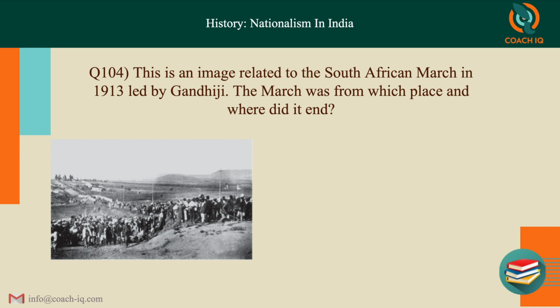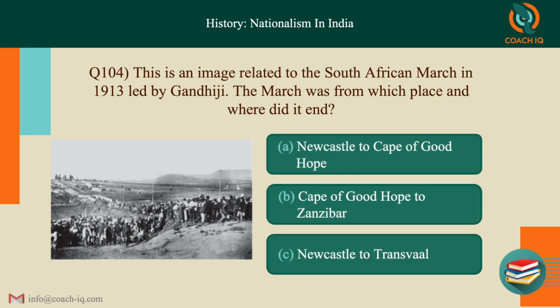So the question could be, this is an image related to the South African march in 1913 led by Gandhiji. The march was from which place? That is, where did it start and where did it end? Three options are given to you. The answer is C, Newcastle to Transvaal.